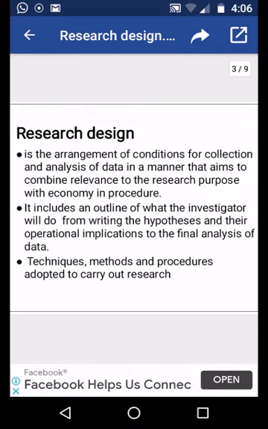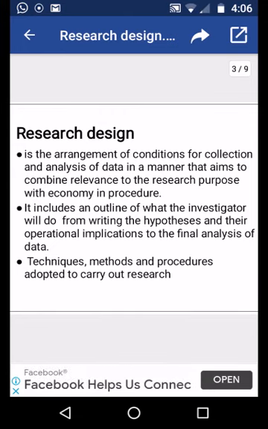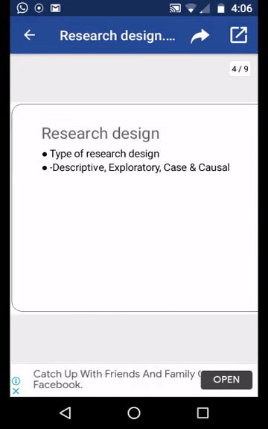So what is the hypothesis, how do you select the sample, what is the method of sampling, who are the sample, what is the sample size, which technique you are using, which statistical tool you are using, and why you are using that. That is called research design.